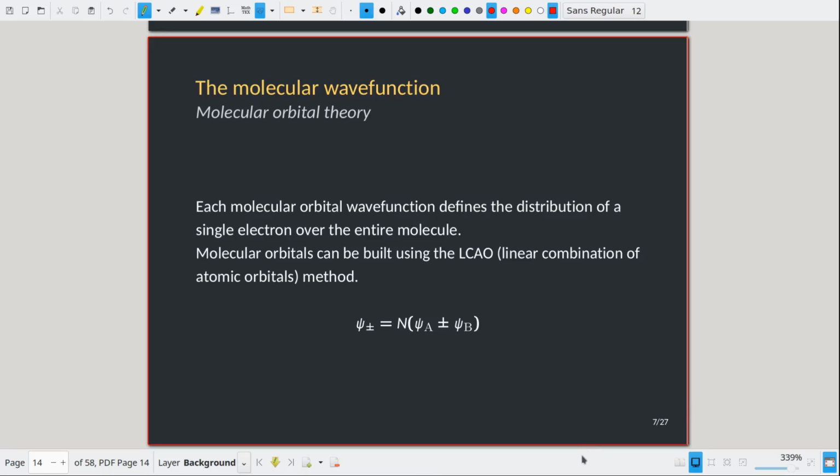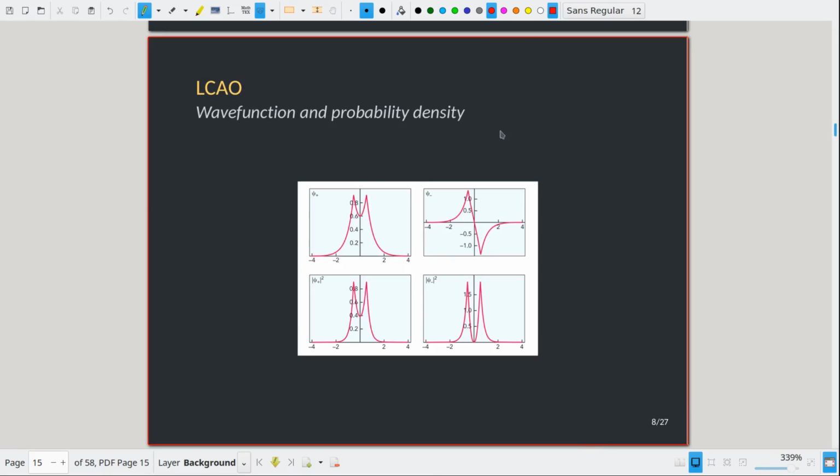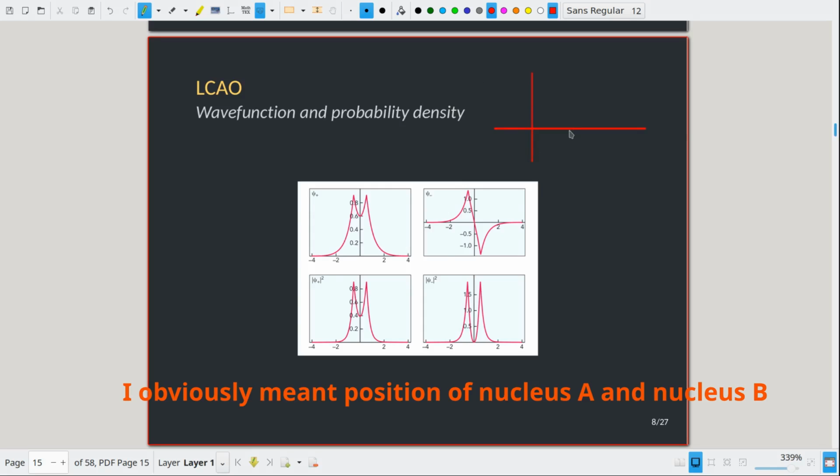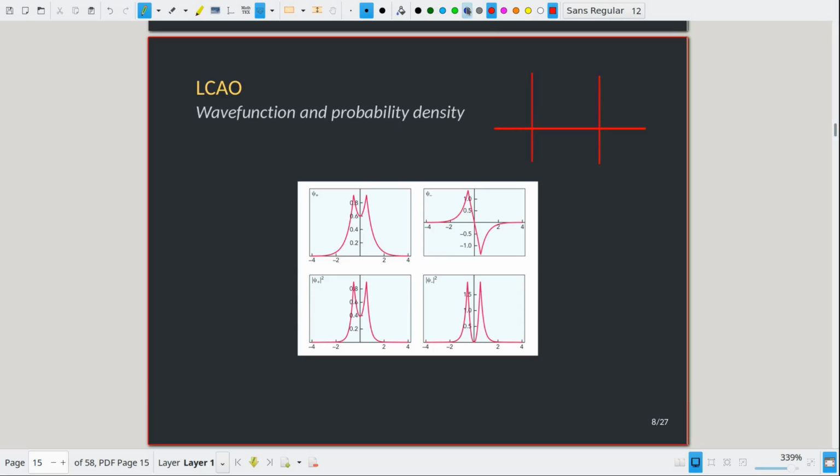So what will this linear combination of atomic orbitals look like? Let's first of all try and draw the two atomic orbitals separately. This is the position of electron 1, and this is the position of electron 2, and we know that the atomic orbital around nucleus A will look something like this, and because this is symmetric with the position of the nucleus, we will have also this sort of distribution.